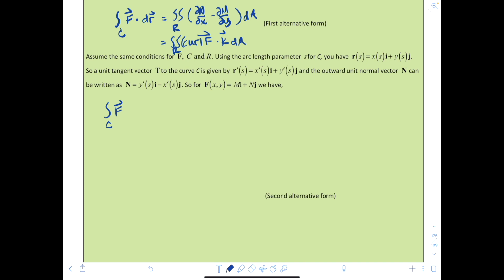all right, so the line integral F dot N ds, because this one's going along the arc length.